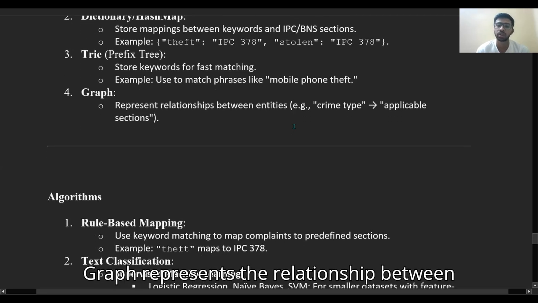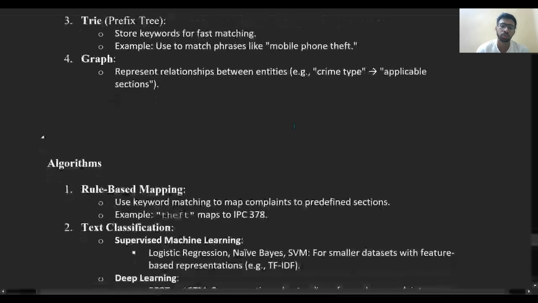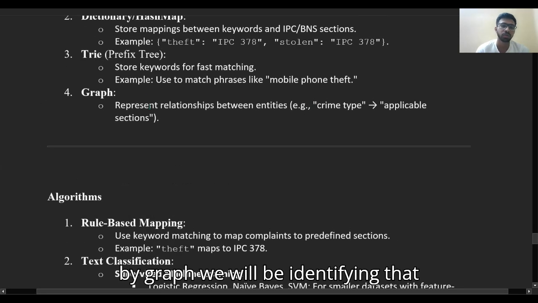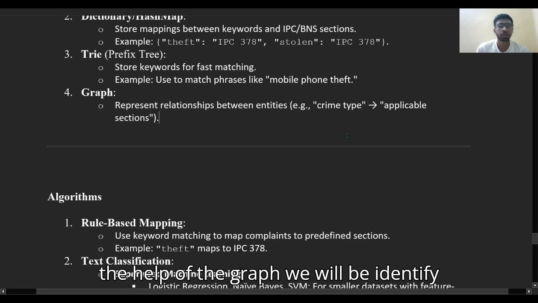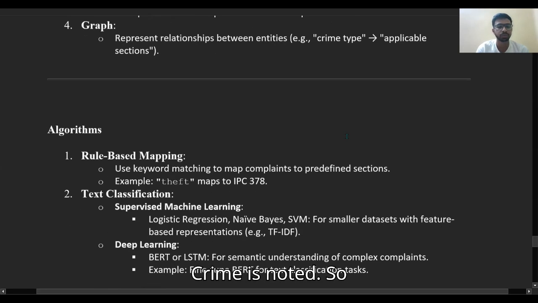Graph represents the relationship between entities, like crime type is applicable to applicable sections. So by the help of the graph we will identify in which section the crime is noted.